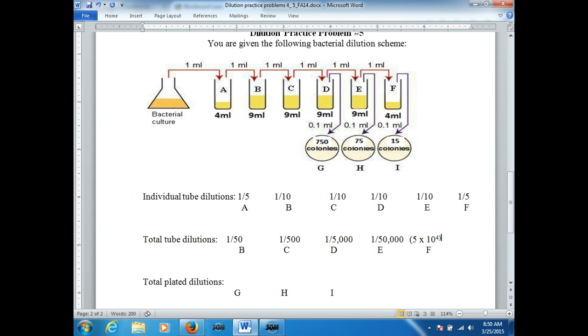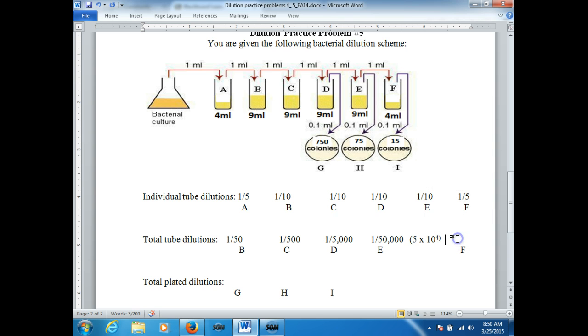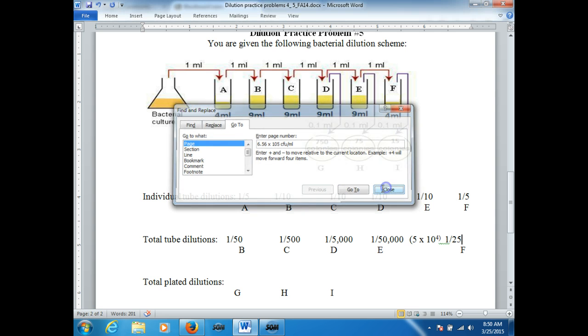This is not F just yet. I'm going to scoot F over, so that if we are now going to the next one and we're multiplying by 5, we're just multiplying the 2 5s. So then we could write it 1 over 25.